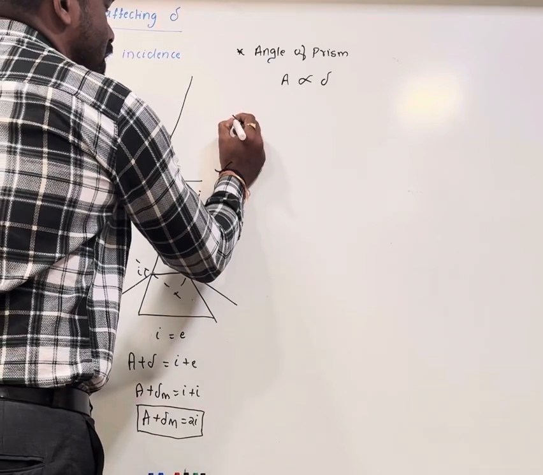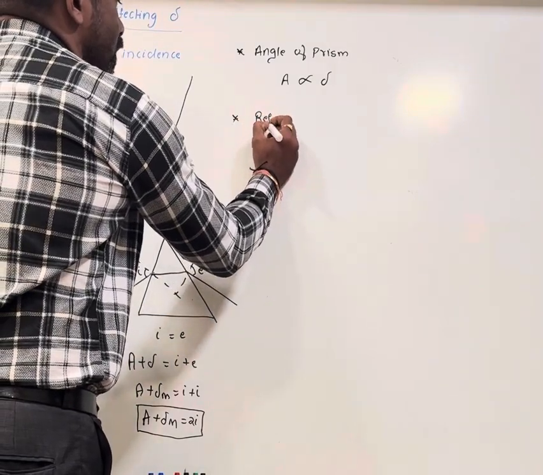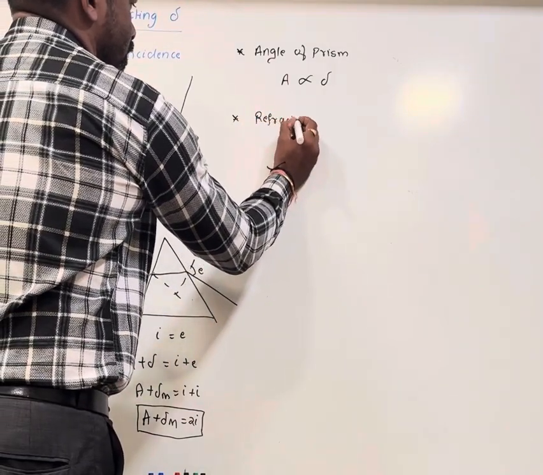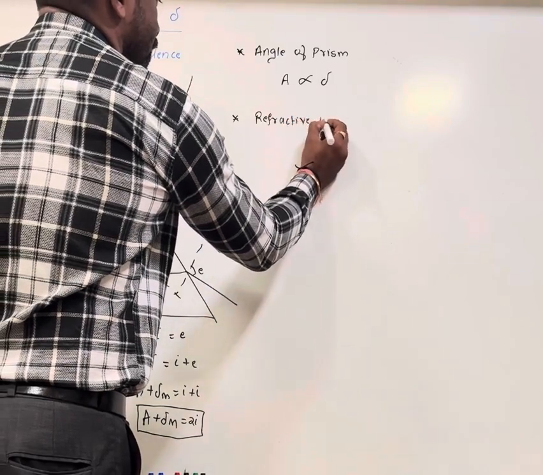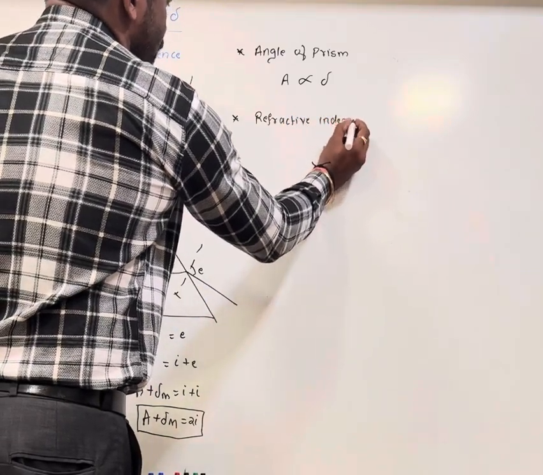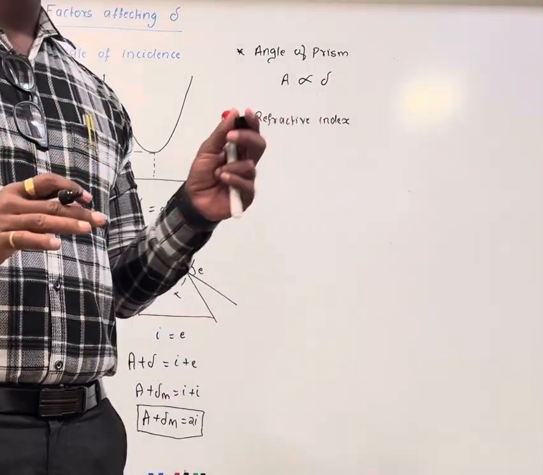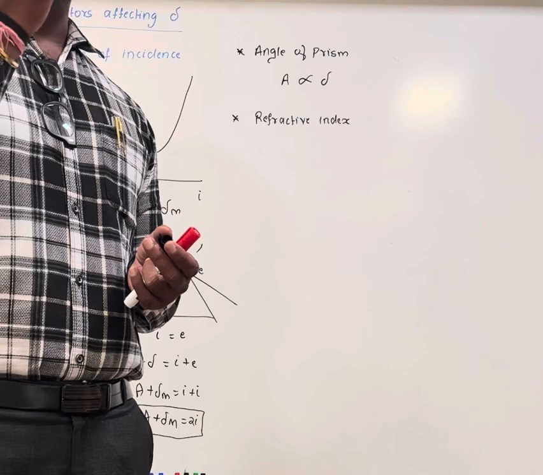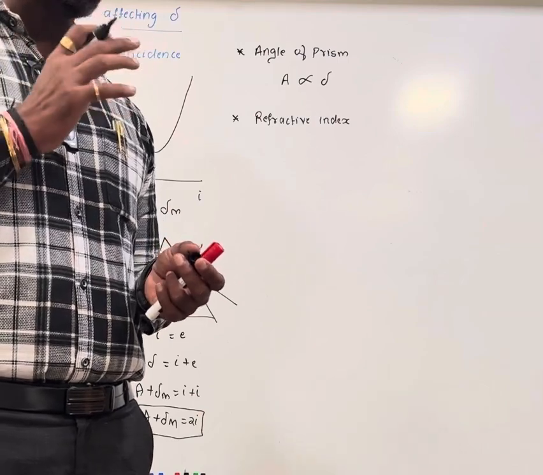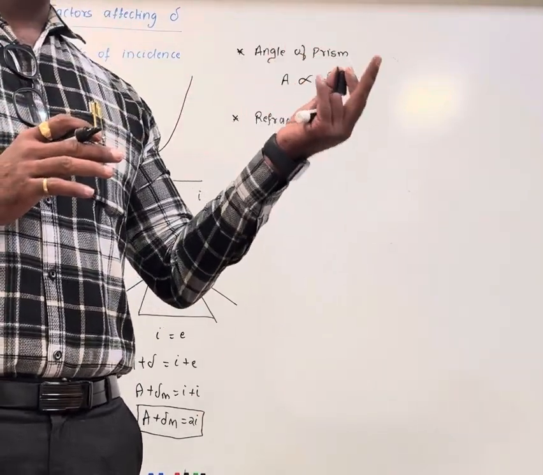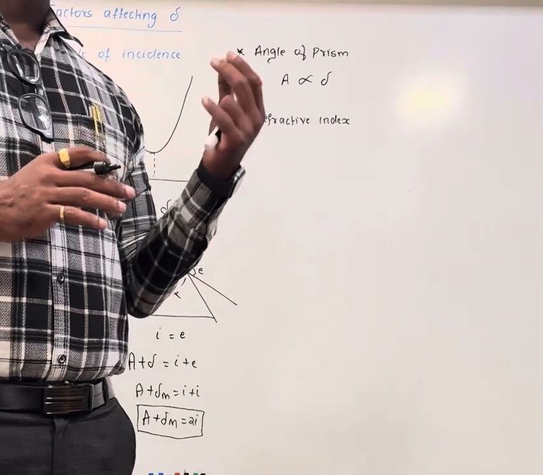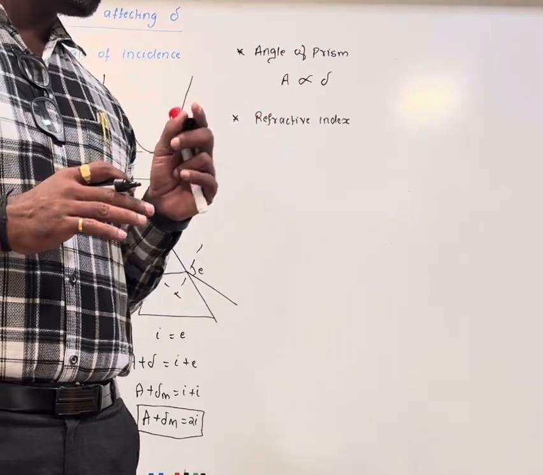Now, third factor is refractive index. What is the meaning of refractive index? Basically, refractive index means it is the ability of a medium to bend ray of light. When refractive index is more, bending is more. What is the unit of refraction? No unit because it is a pure ratio.